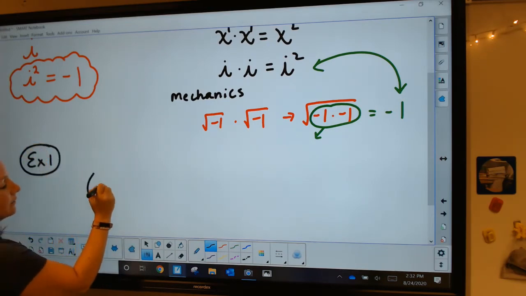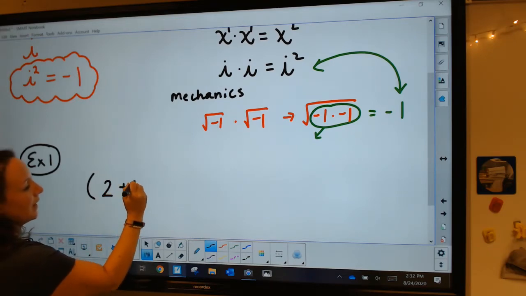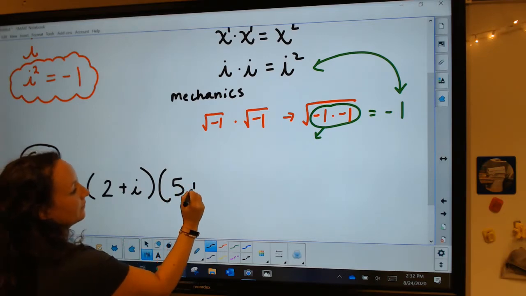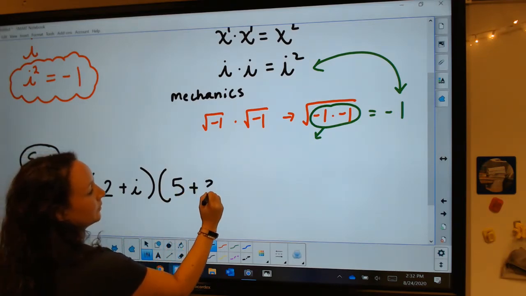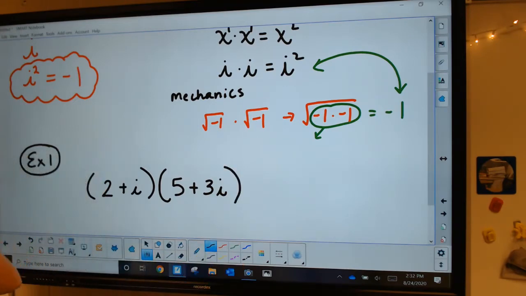So I have, let's say, 2 plus I times 5 plus 3I. So I'm distributing.